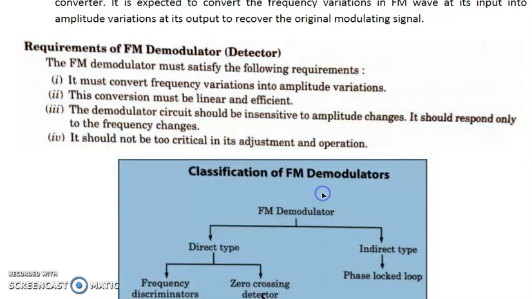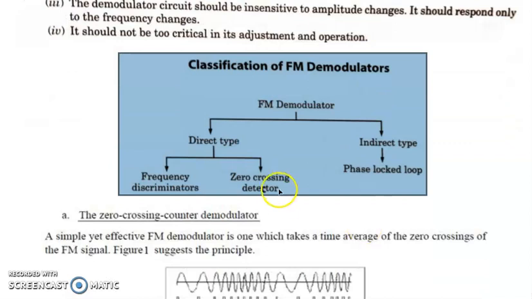Now what is the classification of FM demodulators? There are direct type and indirect type. Frequency discriminator and zero crossing detector are the direct type, and indirect type means phase locked loop.